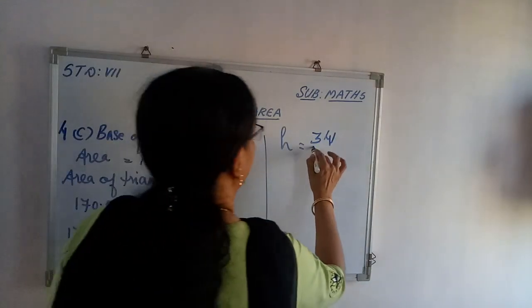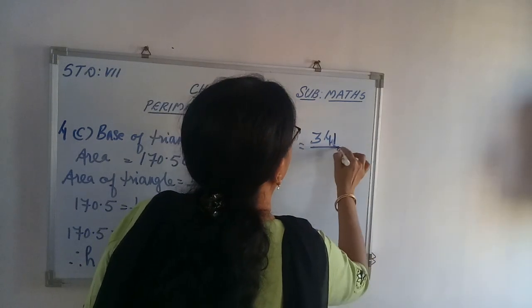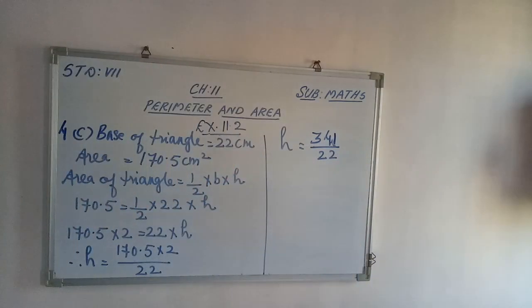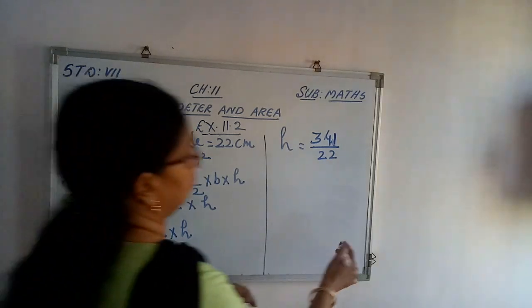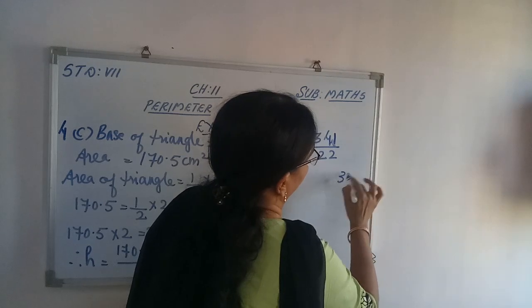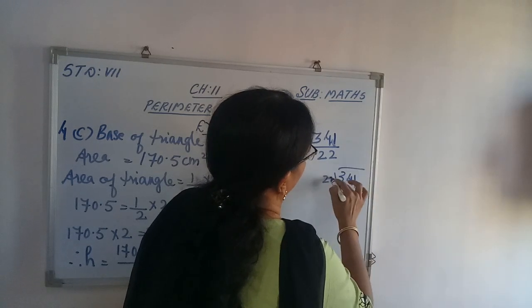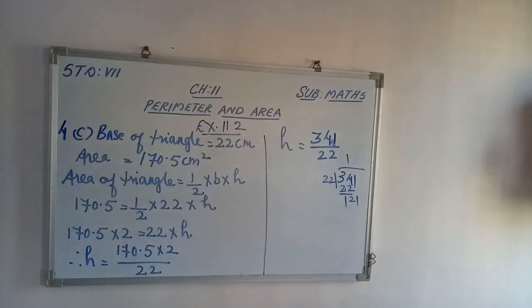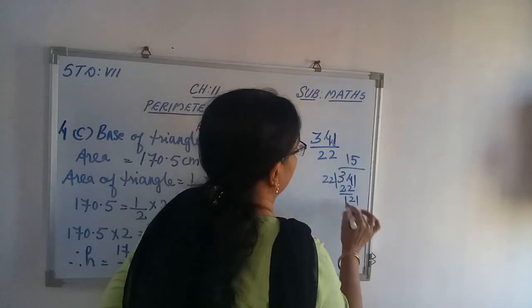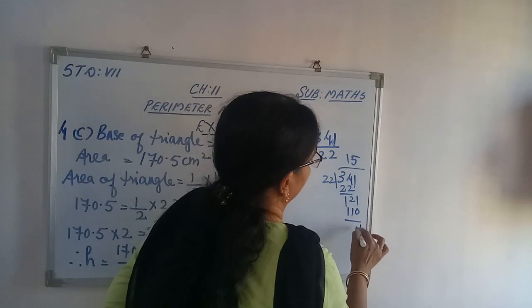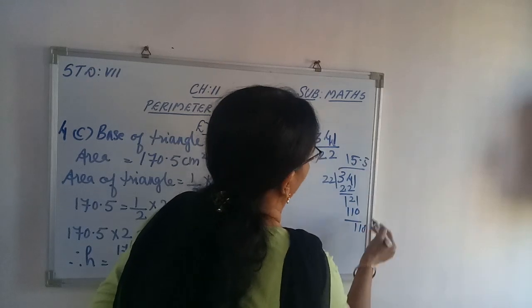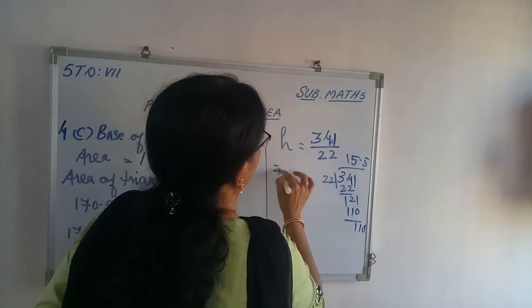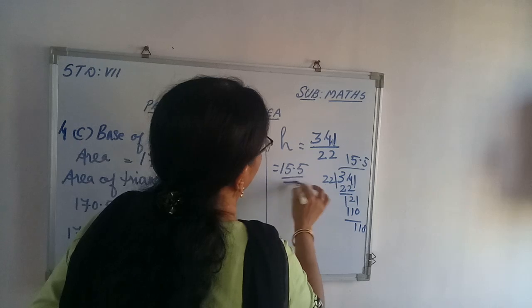Then 341 divided by 22. Divide 341 with 22. You will get it as 15.5.